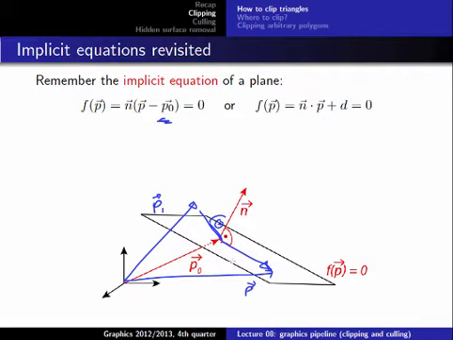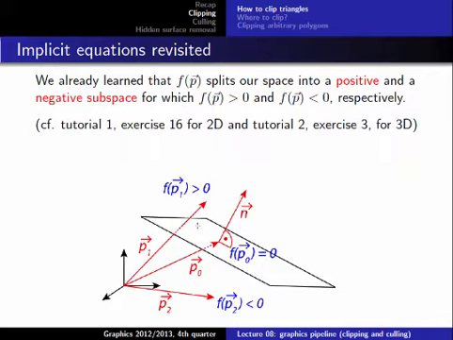We have already seen in the tutorials that every time we have a point on the side of the plane where the normal vector points, the value of our equation becomes larger than 0, and if it is on the other side, it becomes smaller than 0. You made a proof in the tutorials showing that this plane splits our space into a positive and a negative subspace, and all the points that are on the plane are equal to 0.